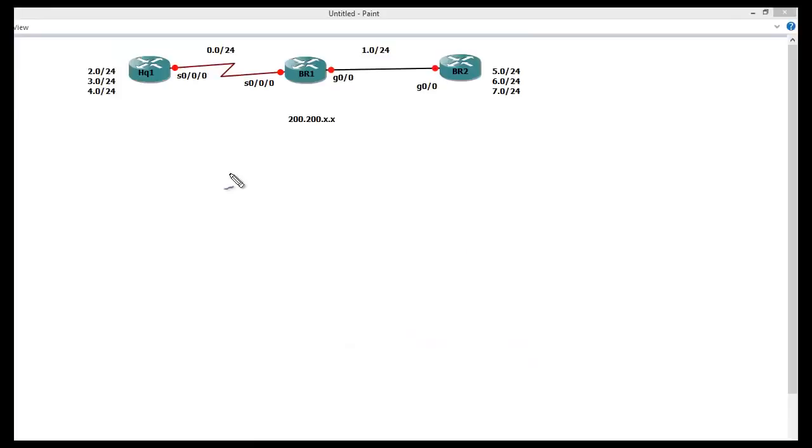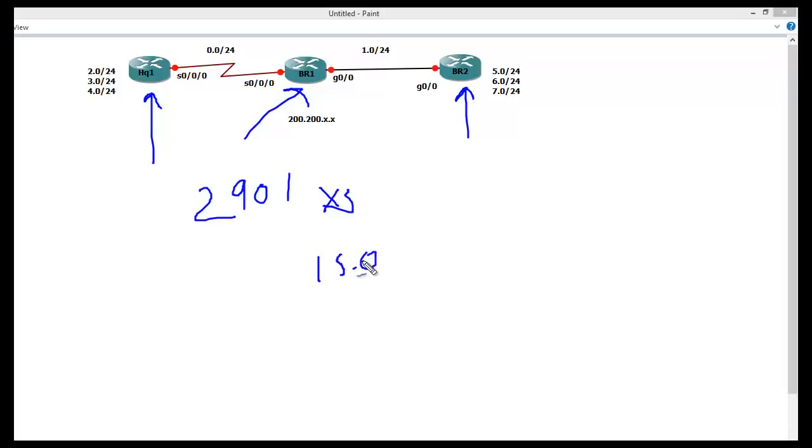Alright, this is the topology that we are going to work on. Right now I'm using three 2901 routers, named HQ1, Branch 1 and Branch 2, running Cisco IOS 15.0.